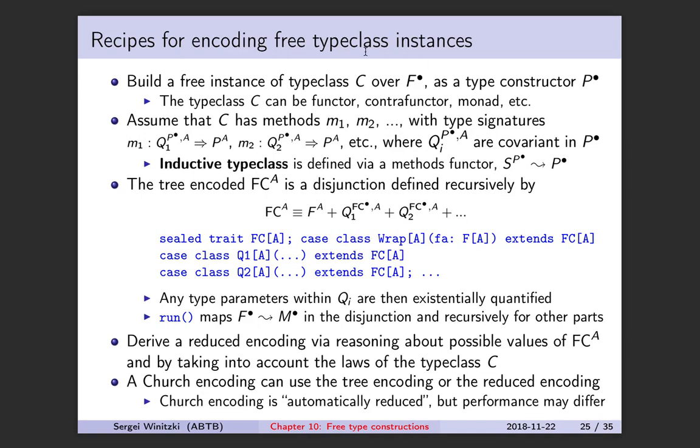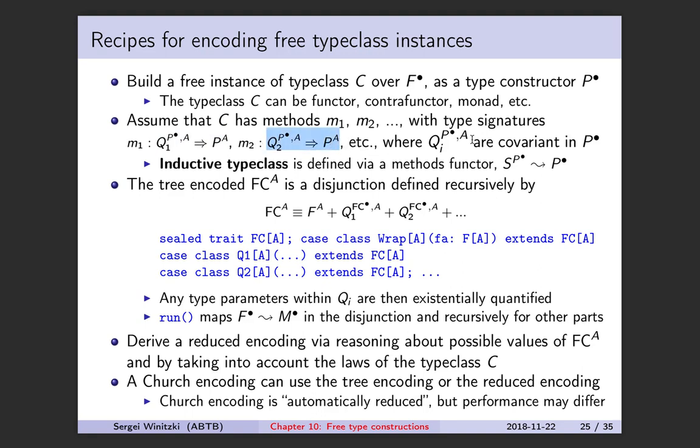What is the recipe for encoding a free type class? The recipe is this. First, the type class needs to be understood as having methods, that is, functions with some type signatures like this.